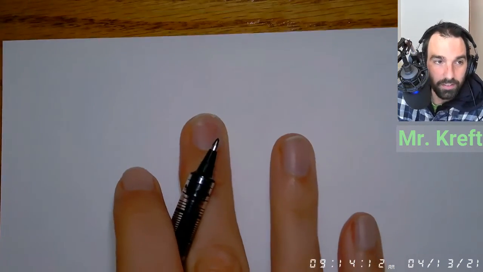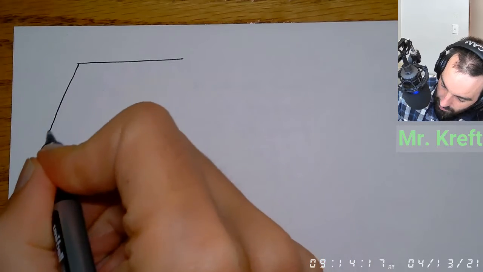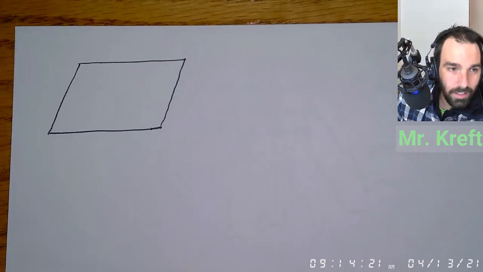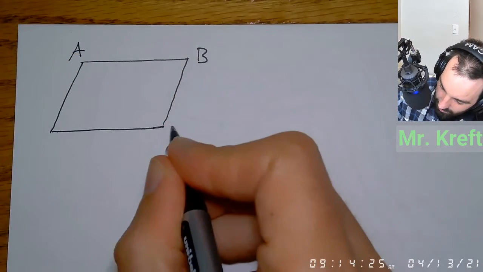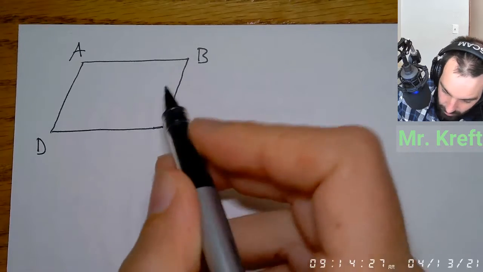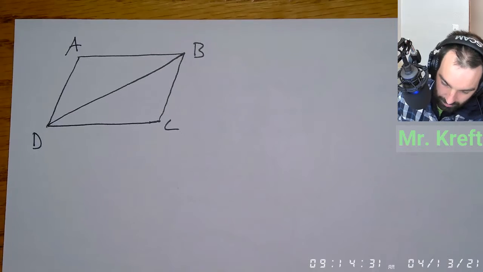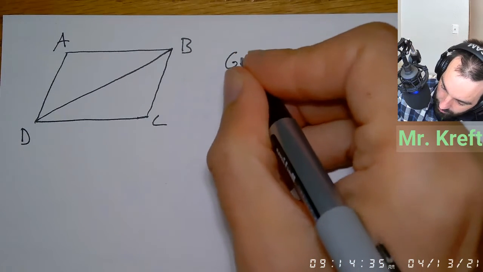For this next one, I always like to think of this as a box that got hit, and now it's at an angle. So we're going to have A, B, C, and D with a diagonal connecting D to B. We're going to have 2 givens.